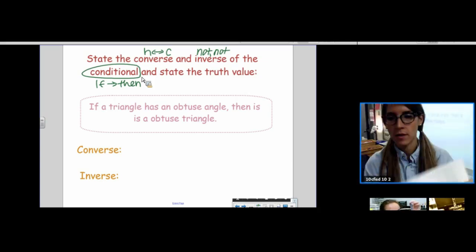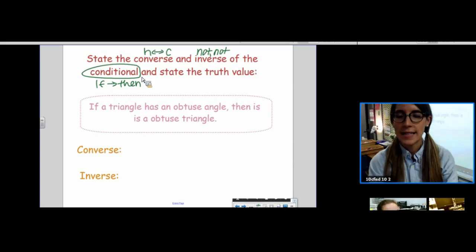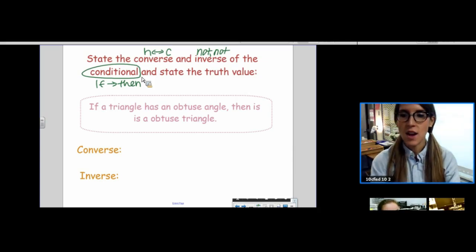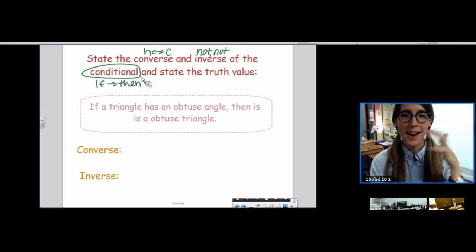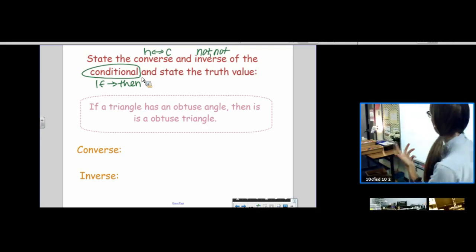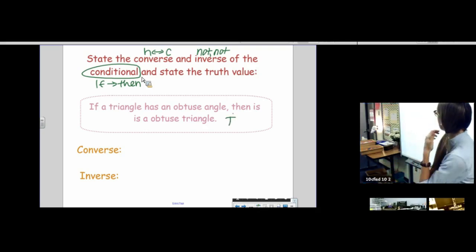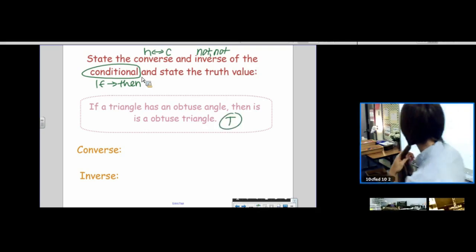Yes, it is. Okay, if a triangle has an obtuse angle, then it is an obtuse triangle. Is that true or false? True, right? That's the definition of an obtuse triangle. So what's the converse of this sentence?